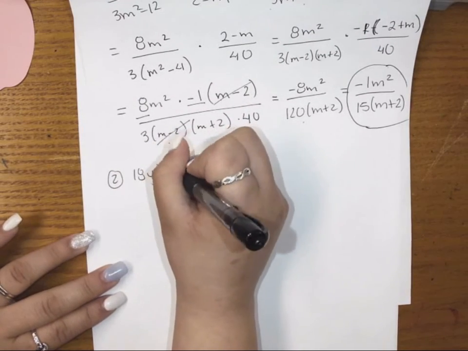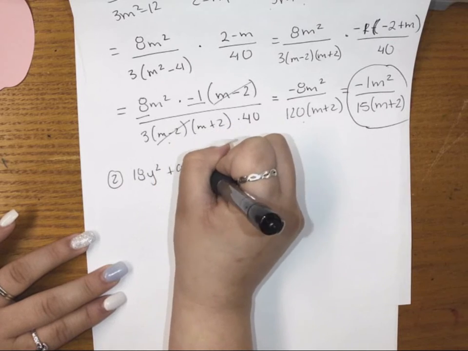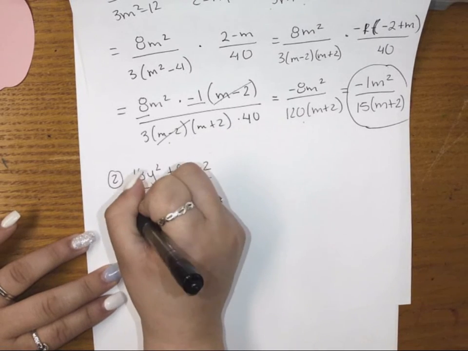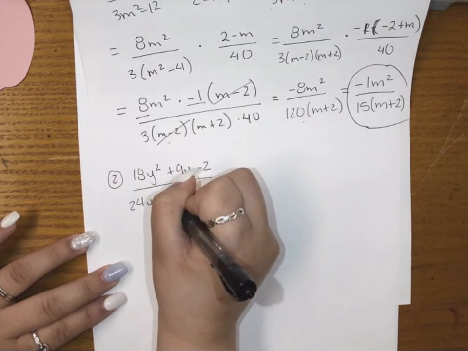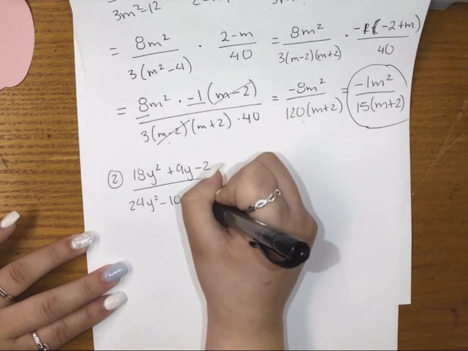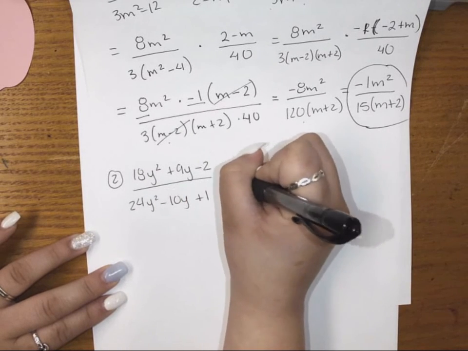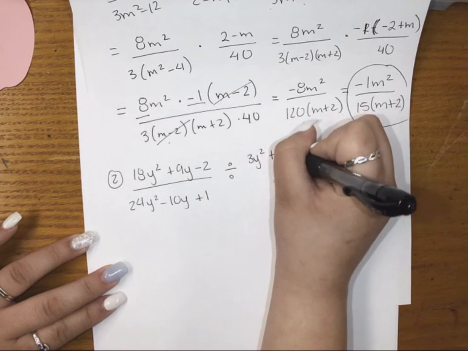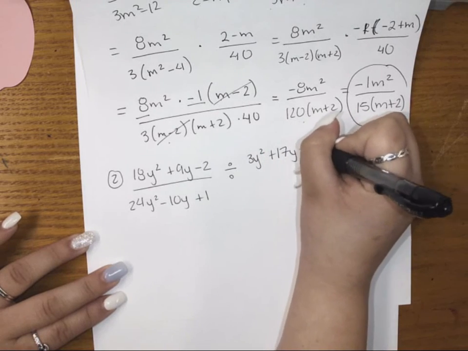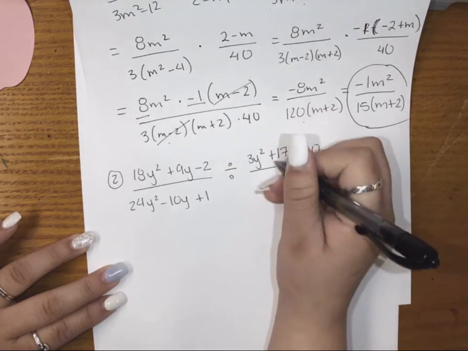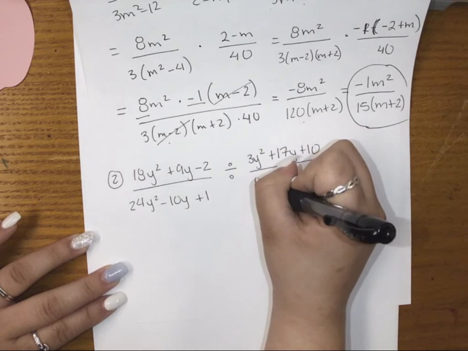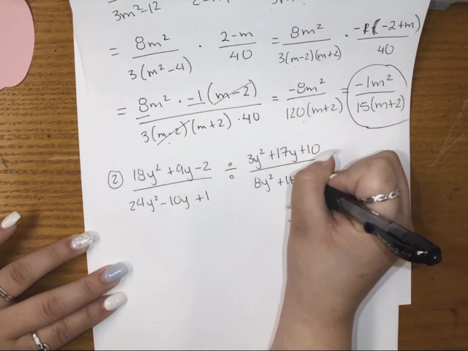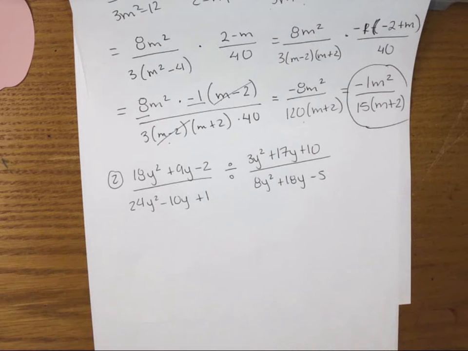18y squared plus 9y minus 2 over 24y squared minus 10y plus 1, divided by 3y squared plus 17y plus 10 over 8y squared plus 18y minus 5. So we're going straight into a big example.